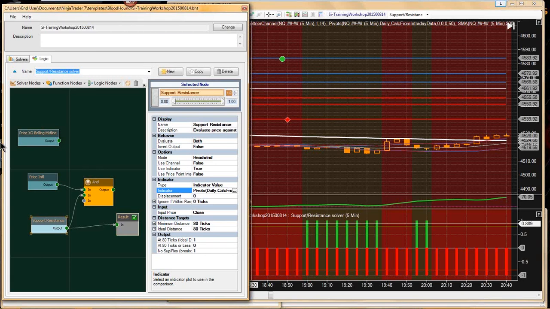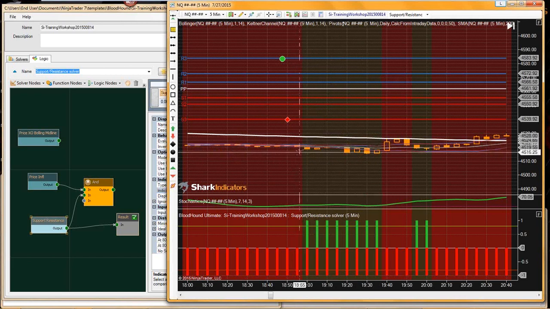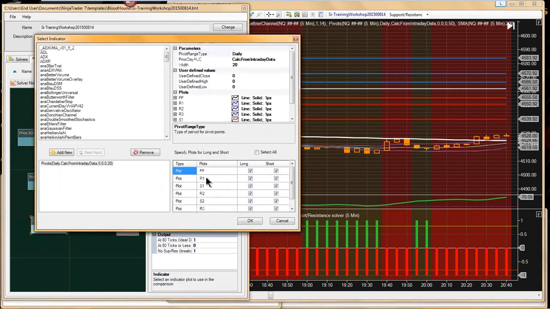Yeah, so Don, as long as your indicator spits out those fib values, and I'm assuming it's going to be fib values on the price panel, so as long as your indicator plots out those fib lines, then you can go into the support resistance solver and select your various fib values as plots.